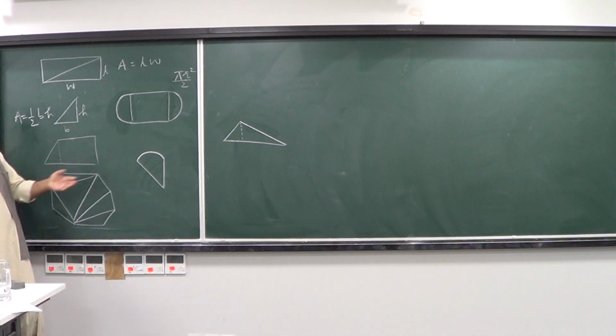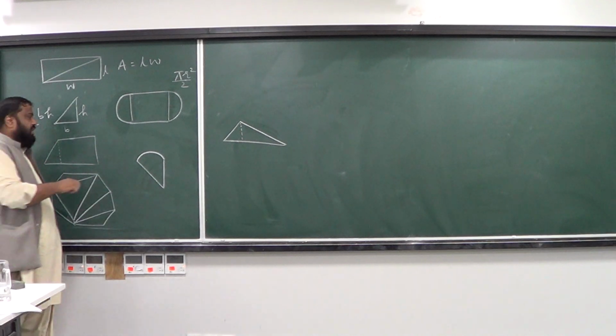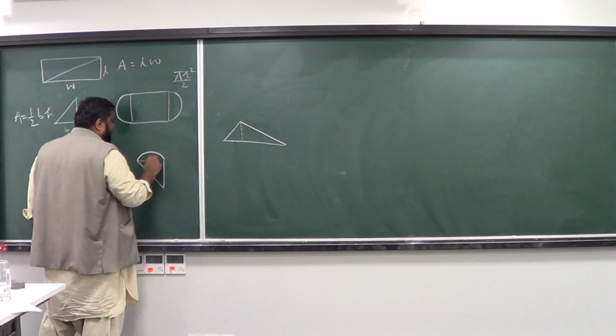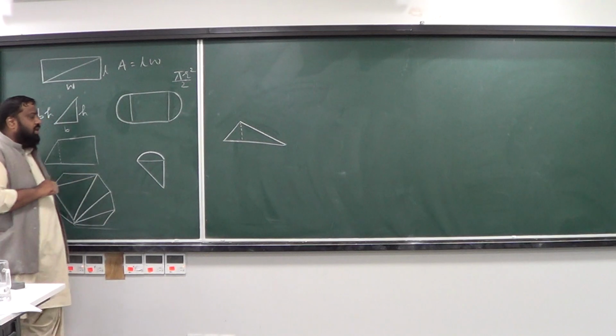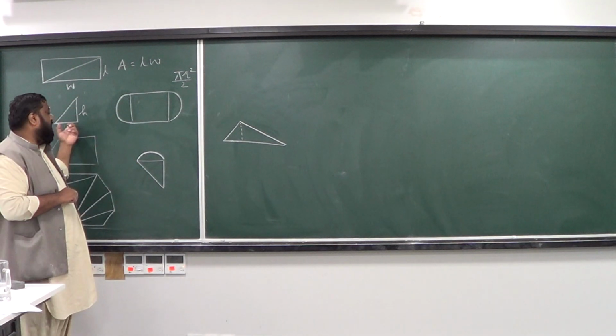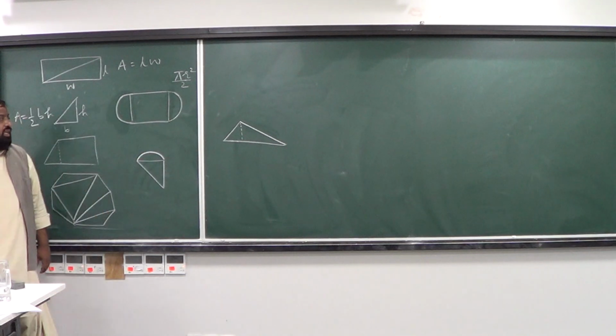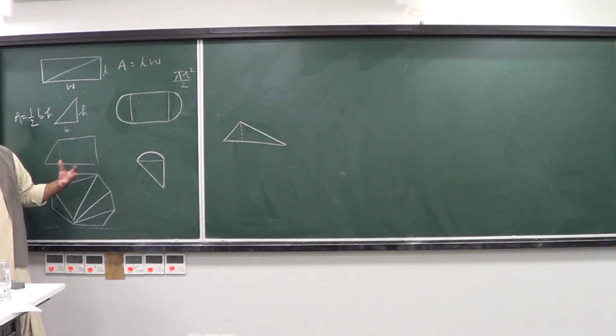How about if you have this kind of picture? You are naturally tempted to break this down into two pieces. One piece is a triangle, and I know how to compute its area. The upper piece is a semicircle, so you also know how to find the area of that.